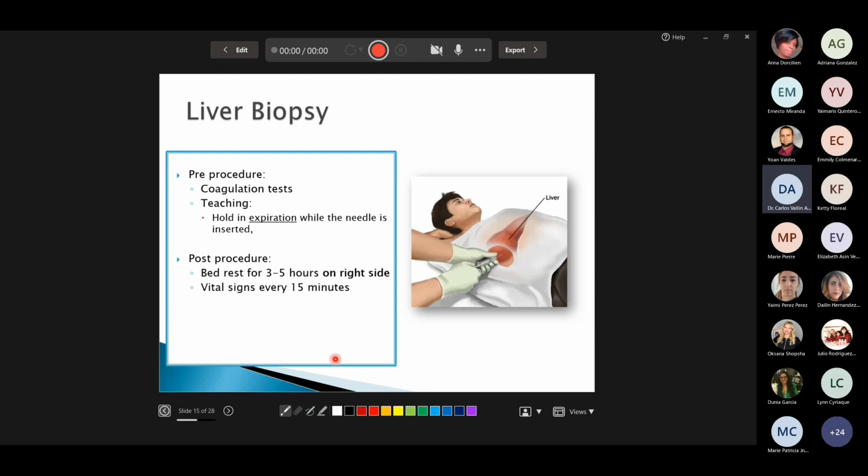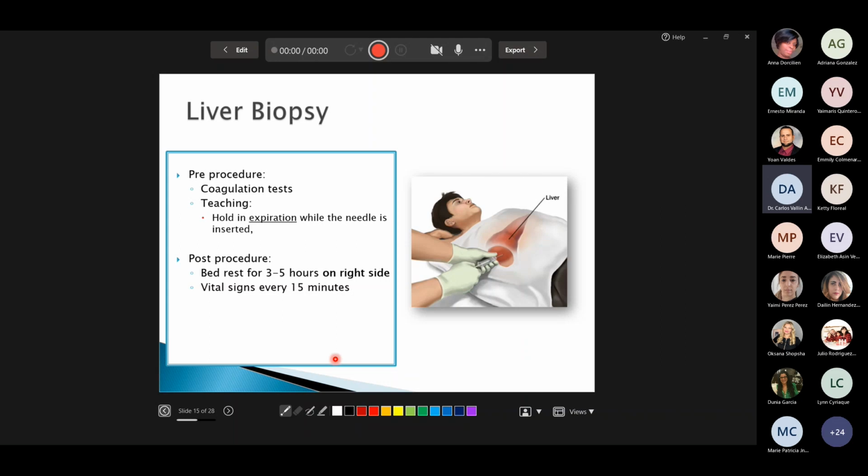The problem is that this puncture in the liver could traumatize and open blood vessels, and the patient can bleed internally. In the moment that the needle is introduced, you need to train the patient to hold the respiration, because you know that the liver goes up and down with the respiration.